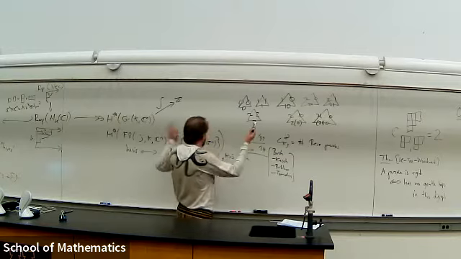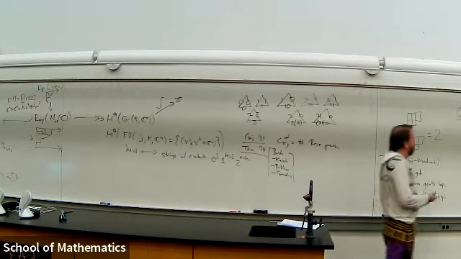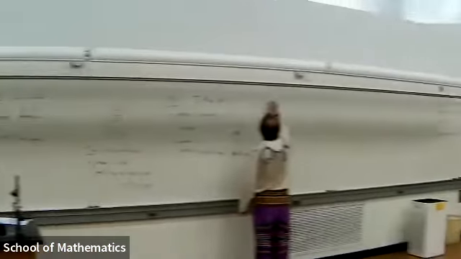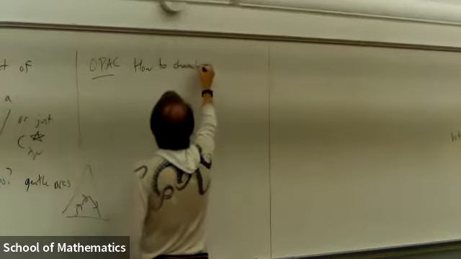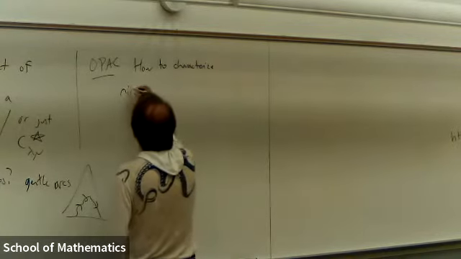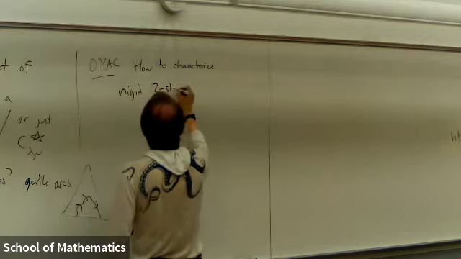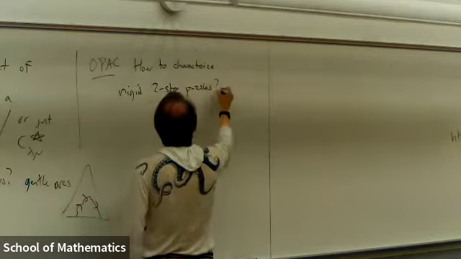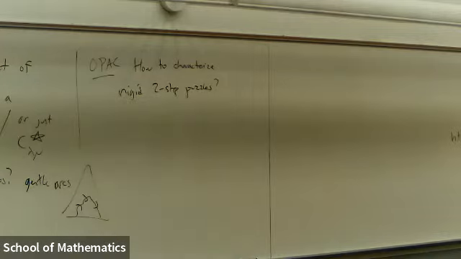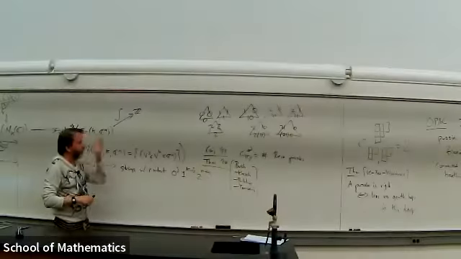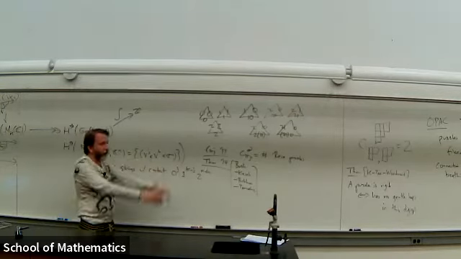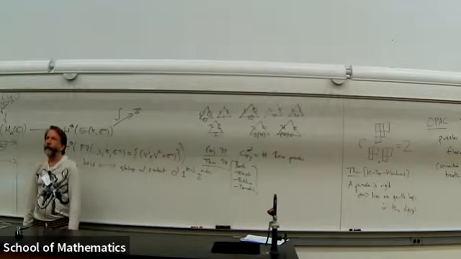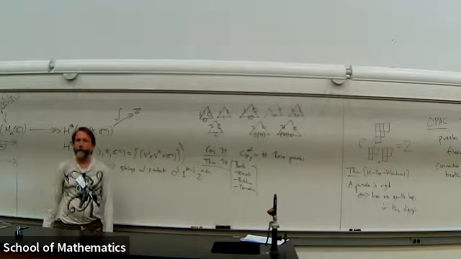Okay, so it's easy now to state the OPAC question though. How to characterize rigid 2-step puzzles. So if you have a puzzle made out of these, and I won't bother drawing examples because I think you have that power now. If you have a puzzle made out of these, then how do you look at it and do something like the gentle loop considerations to figure out whether it's the unique such puzzle? Yes?